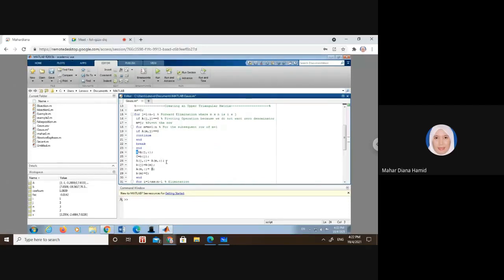And also, we are going to say that A is the value from M until the end of the line here, which, if it's a 3 by 3 matrix, we can put as 3.